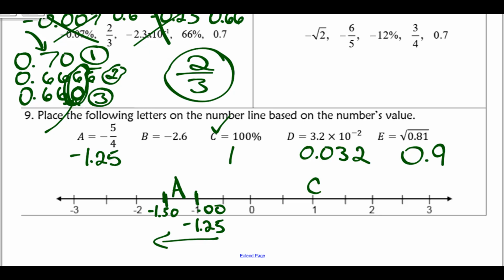B is negative 2.6, so it's farther to the left than negative 2. You know it's going to be that way. I know that this is negative 2.5. Actually, it's going to be even farther to the left from that, just slightly to the left of that. Letter D is 0.032. That is a very small decimal.